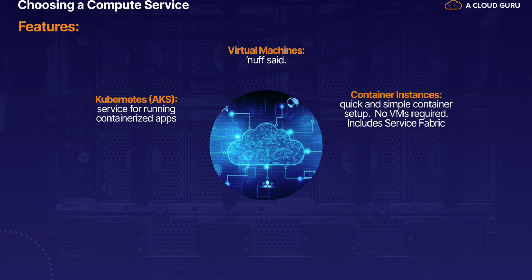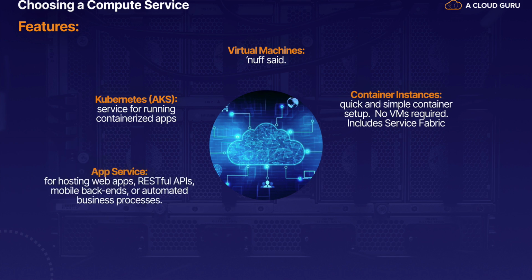Container instances, which is no VM required, includes Service Fabric, and it's just a container that you fire off quick and dirty, and there's not a whole lot of extra planning that's involved in it. Of course, app services, primarily for hosting web apps, RESTful APIs, backends, automated business processes, etc.